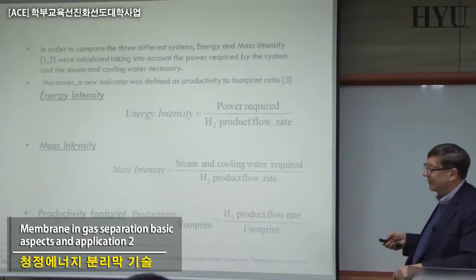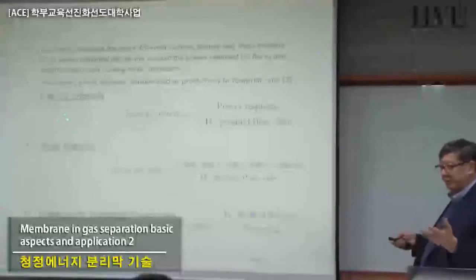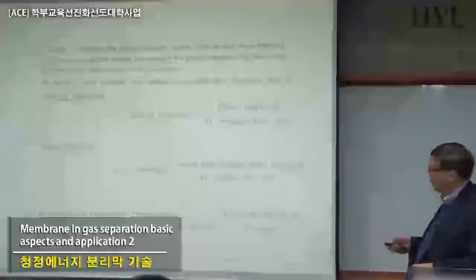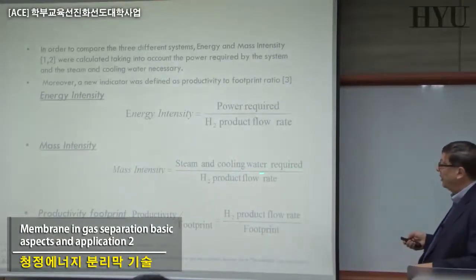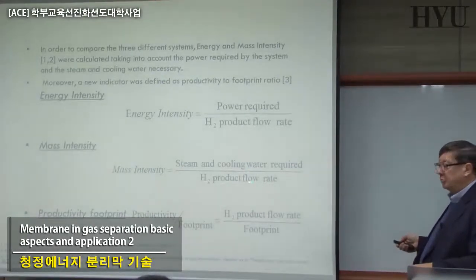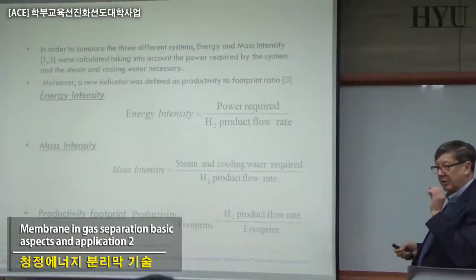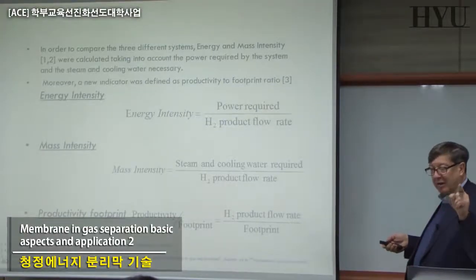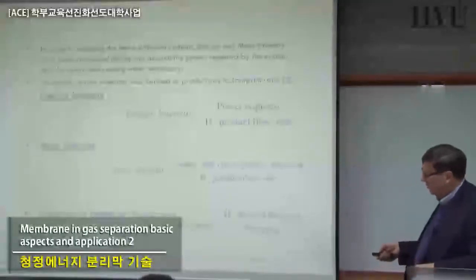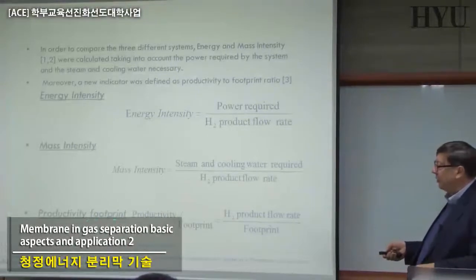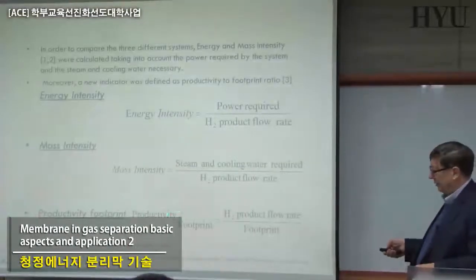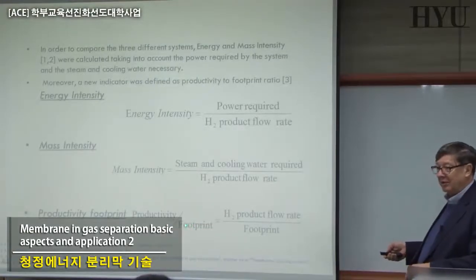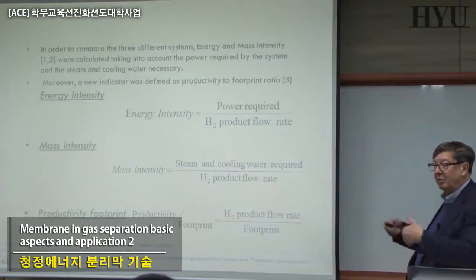We are not talking about mass, the weight of substance you are producing, just how much hydrogen. We are talking about mass intensity. That means we are talking about the steam and cooling water required for a certain hydrogen product flow rate. So we have a specific amount of component necessary for this kind of production. We are talking about productivity footprint, which is related to the overall productivity, but rationalized to the footprint, to the space necessary to produce.